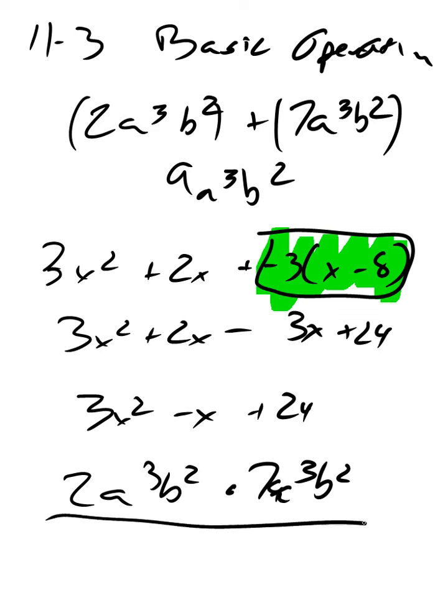You take the 2 times 7, which is 14. A cubed times a cubed is a to the 6th, and b squared times b squared is b to the 4th. When you're multiplying, you're adding exponents.